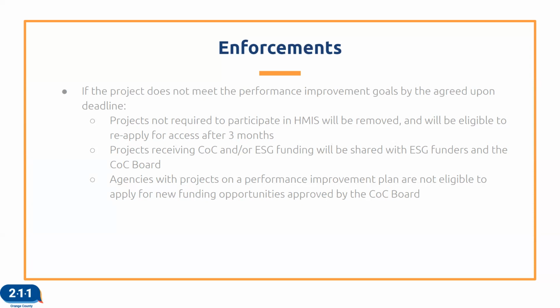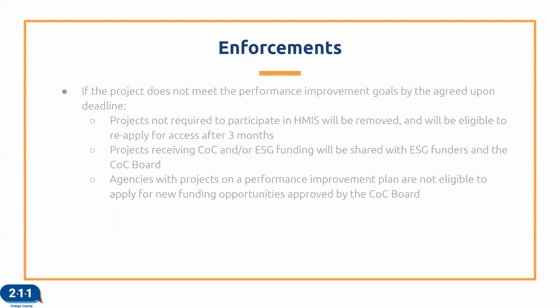And so, like I said, it's really uncommon for a project to even qualify for a performance improvement plan. Right now, it's only 2. And when we develop a performance improvement plan, we would be working with you on what's feasible and what the timeline should be to meet those goals.